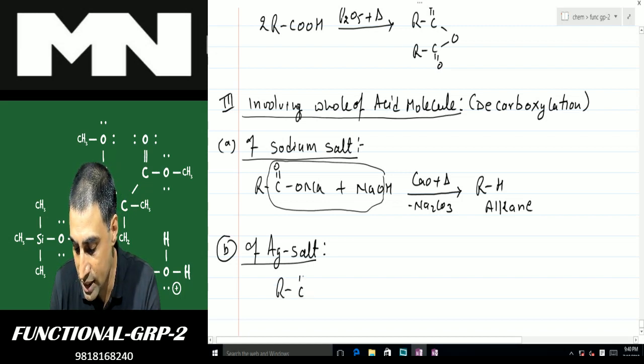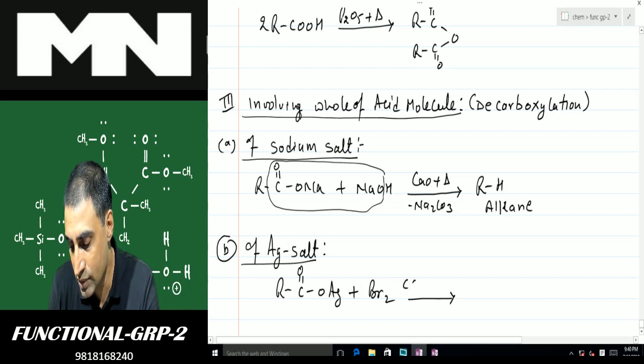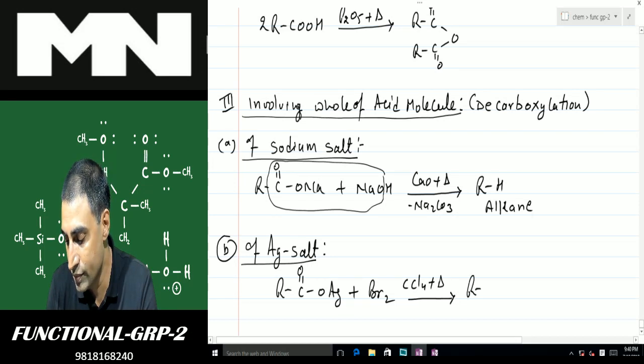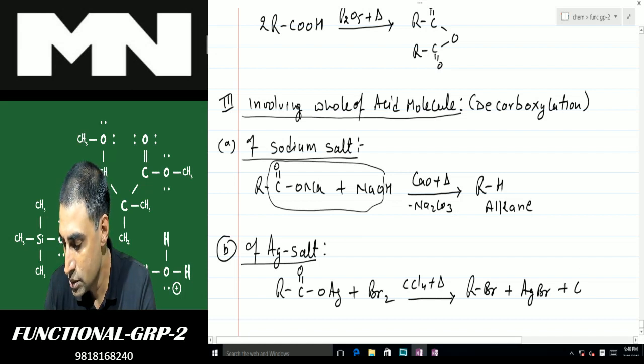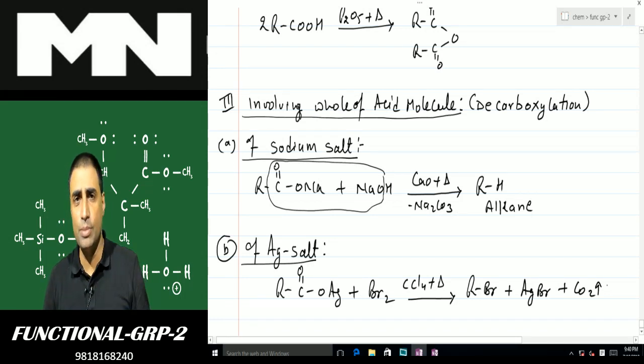So again I have got a compound like RCOOAg. I am reacting it with Br2 in the presence of carbon tetrachloride and heat. Carbon tetrachloride in this case is simply a solvent. I will end up with RBr plus AgBr plus CO2. So these are the decarboxylation reactions.